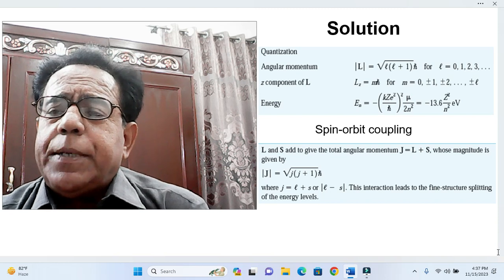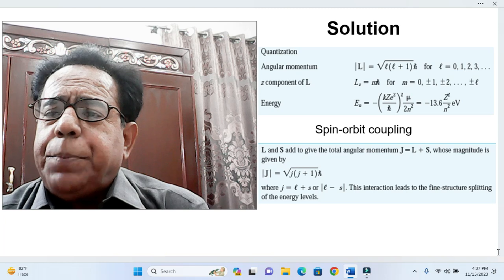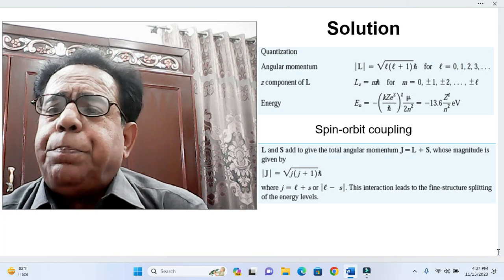The second snapshot is about spin orbit coupling.